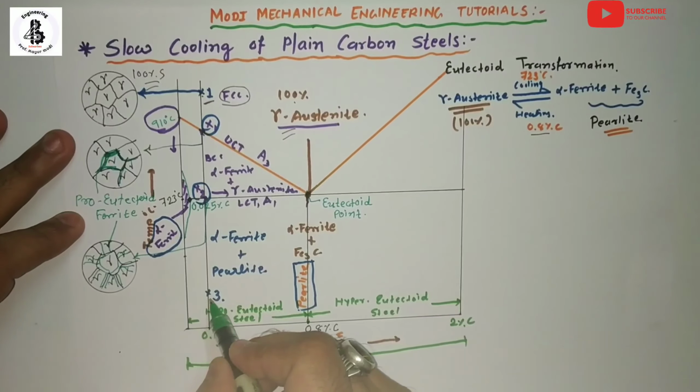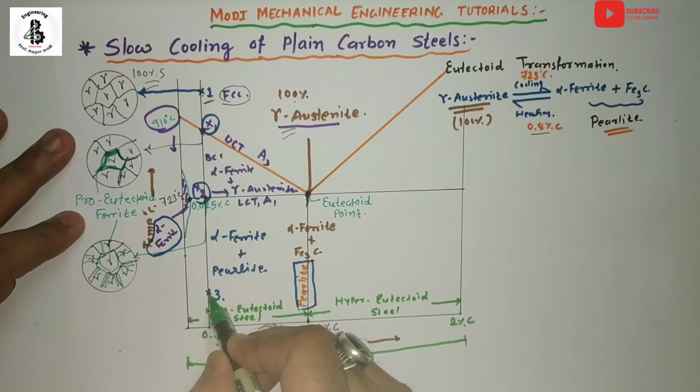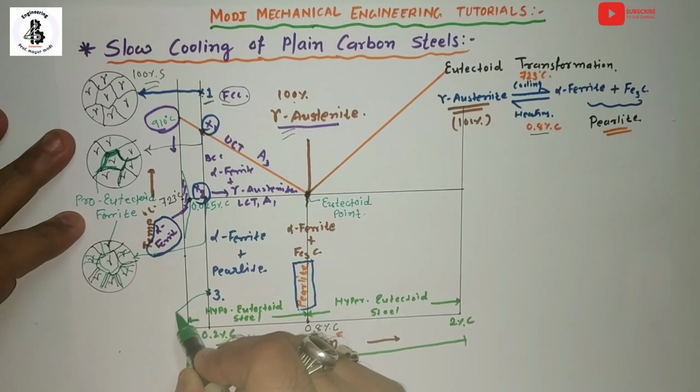And at point 3, or you can say at room temperature, for 0.2% of carbon, by the conversion from point x2, the pro-eutectoid ferrite is already found.